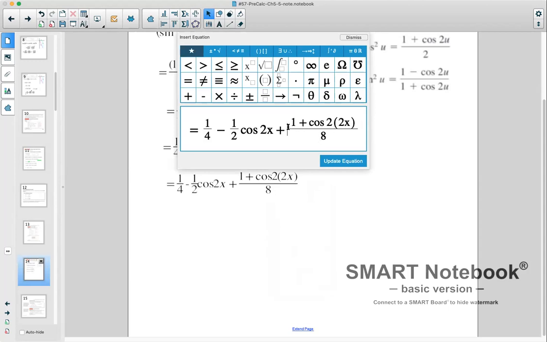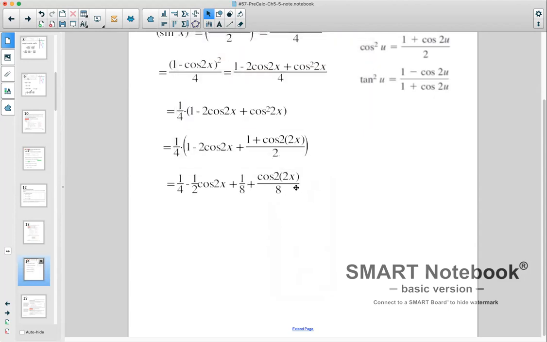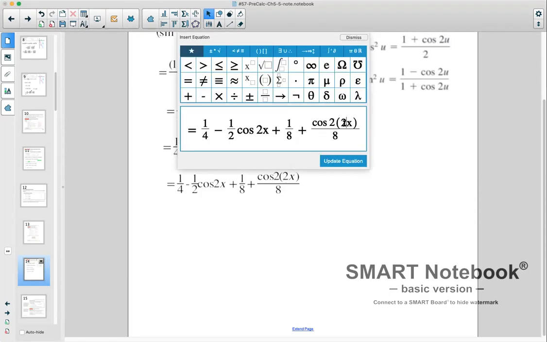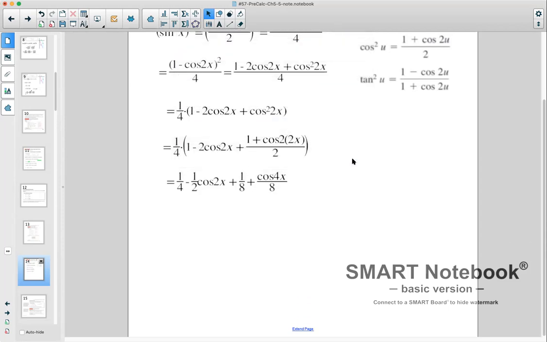And then separate the fraction here. 1 over 8 plus 1/8 cosine 2x, cosine 4x. All right. And everybody's clear?